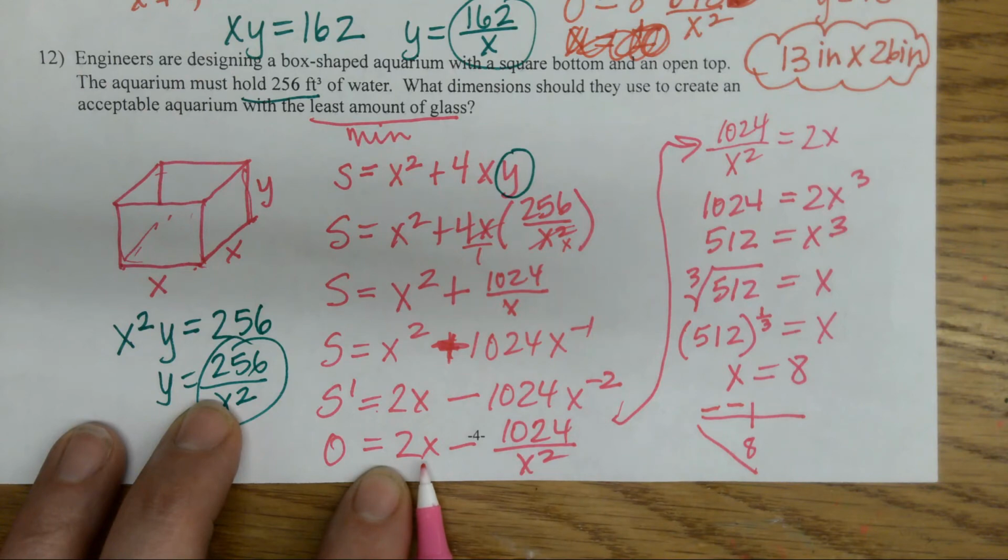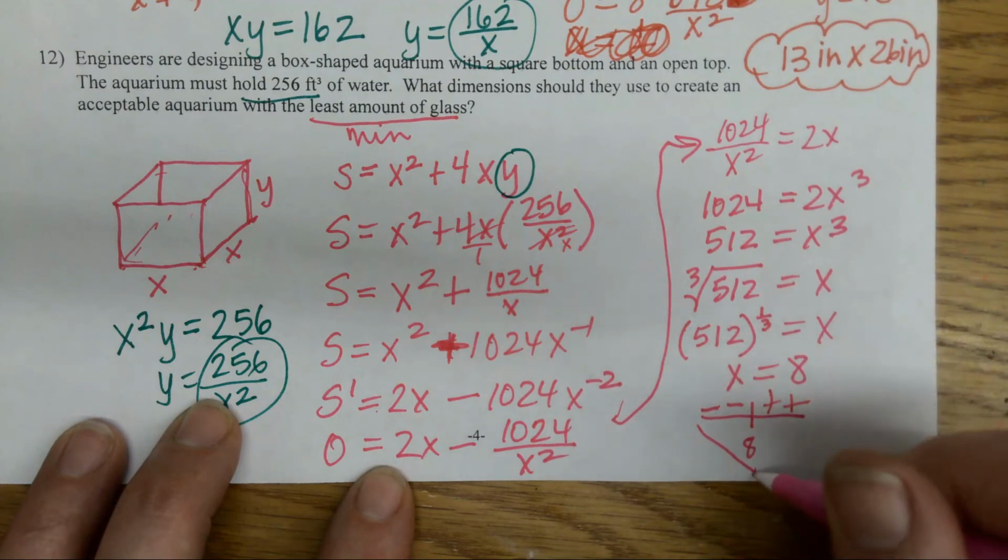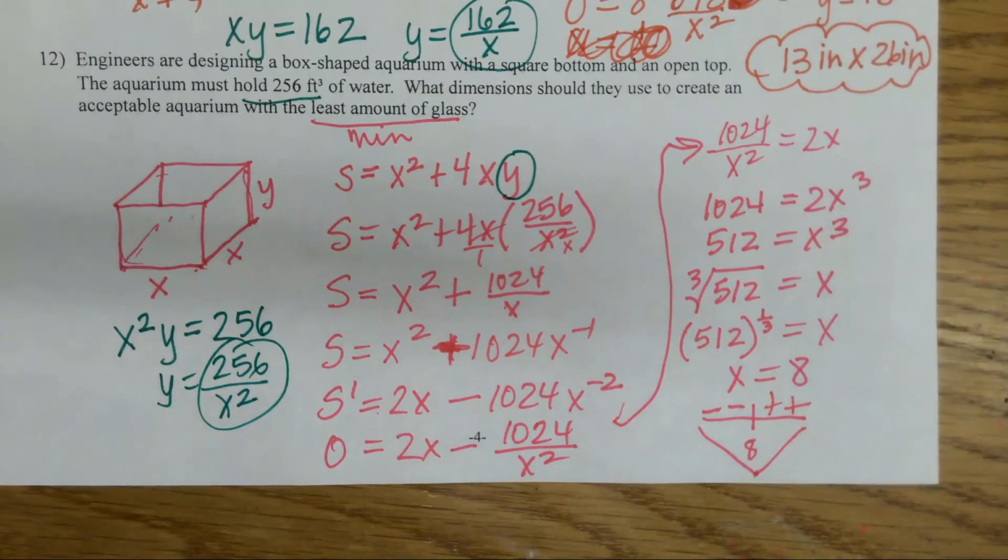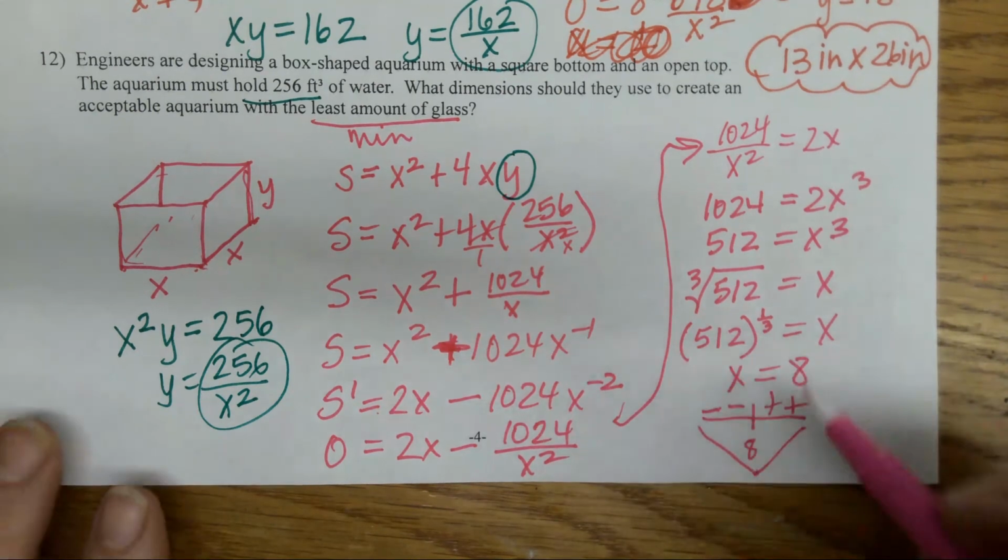That's going to be 20 minus 1024 divided by 100, which would be 10.24. So I have 20 minus 10.24, which is a positive region. If you need to use your calculator again, go for it, not a problem. So I get 8. Now it is in fact a minimum, the least amount of glass that I want to use, so this is a minimum.